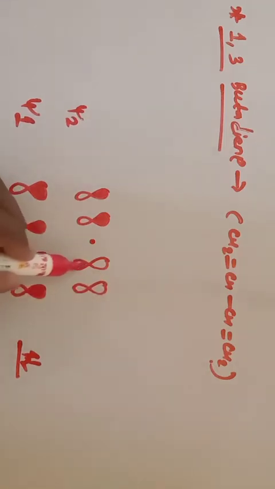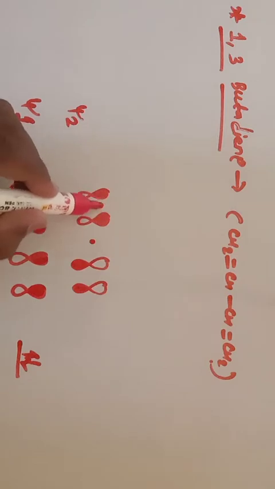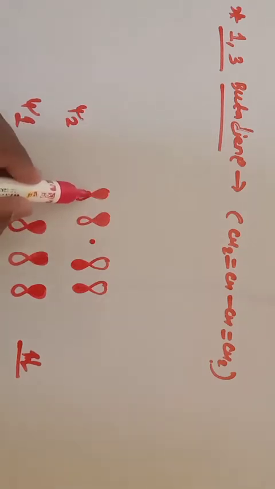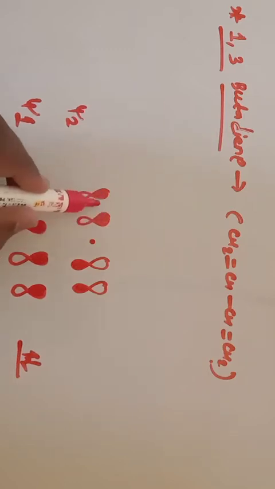So this is the case. This is your bonding interaction. This is your first p orbital, this is the second. Both are in the same phase, so this is a bonding interaction.